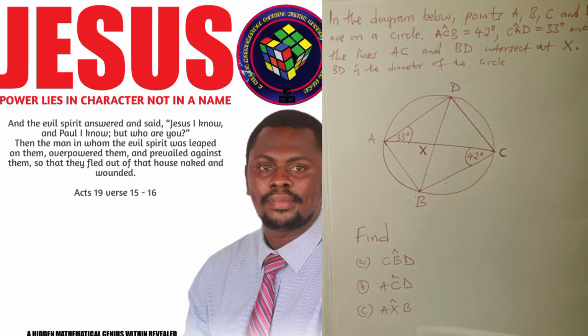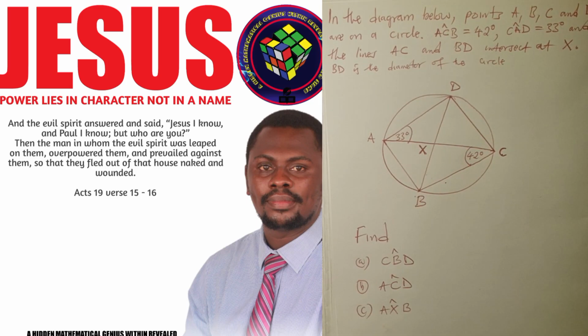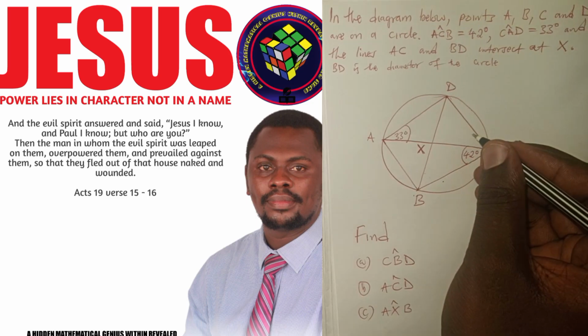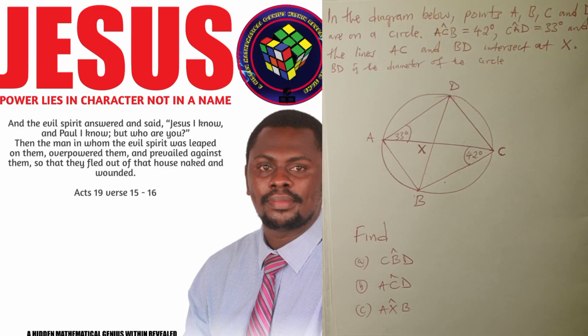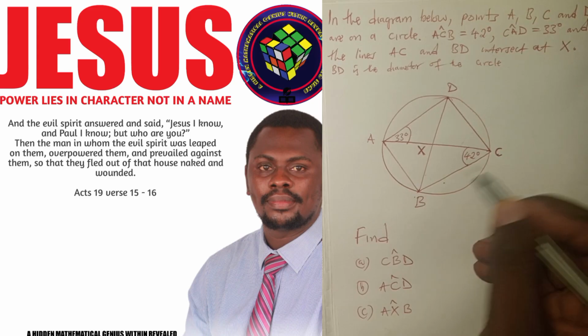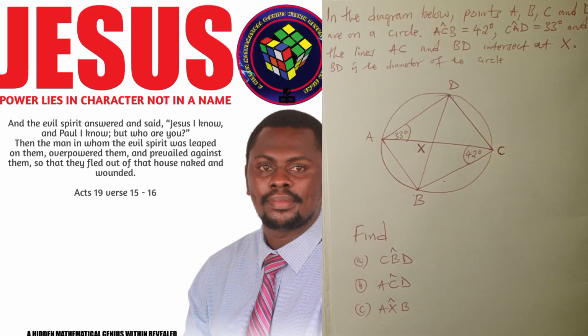We go to B. So B, angle ACD, the angle there. So here we can see that this angle ACD and this angle BCA, which is 42, when you add them, we should get 90 degrees.